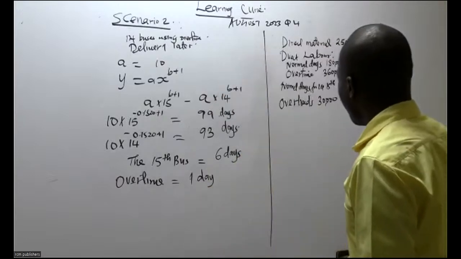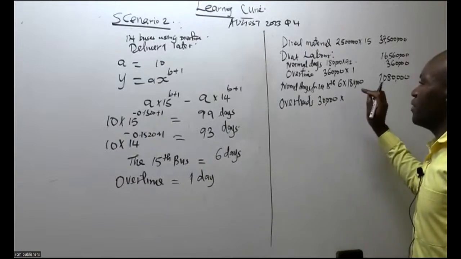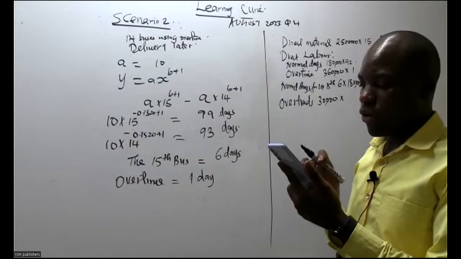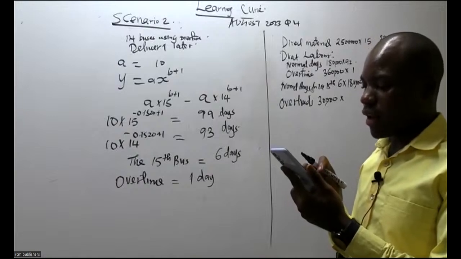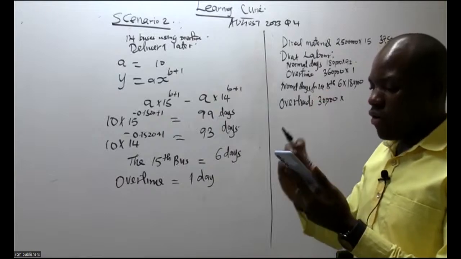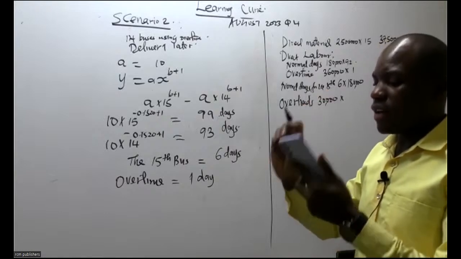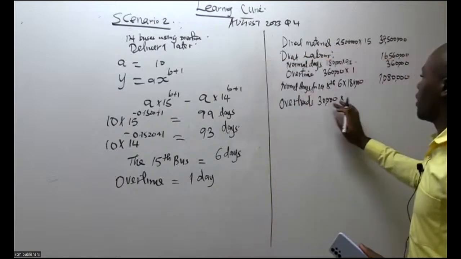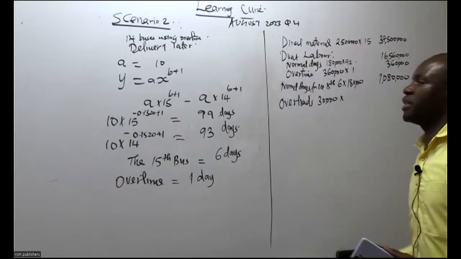Overtime. Overtime rate is 30,000 by the number of days. Let me read the statement for you. The overtimes will be allocated to the special order at the rate of 30,000 per normal working day, and no overtimes will be allocated for overtime working. Sasa nataka mnipatie number of days hapa. To summarize hii kitu ishe.